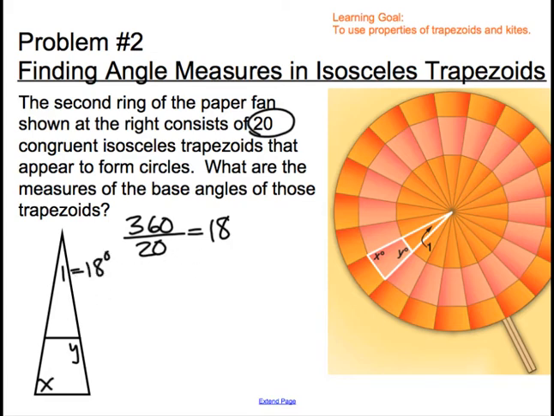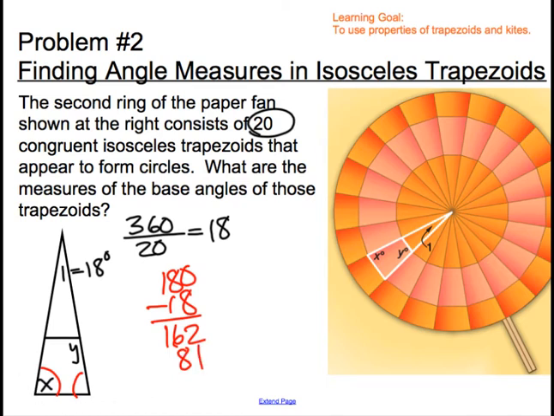Since this triangle is an isosceles triangle, we can take 180 degrees and subtract the 18 that we know. 180 minus 18 is 162. If we divide the 162 by the two congruent base angles of the triangle itself, we find that each base angle is 81.